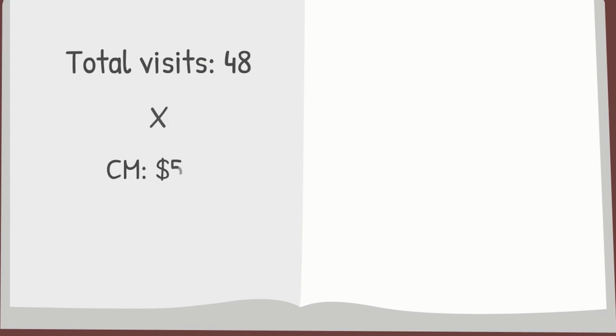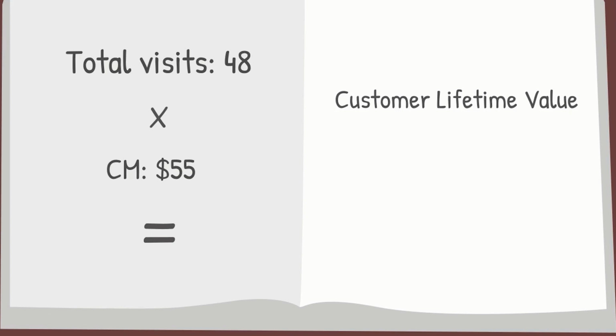Now we'll multiply the contribution margin by the projected lifetime purchases, and you'll have an estimate of the customer lifetime value. Of course, you can make this more accurate and more complicated by discounting future purchases by the time value of money, but let's use this simple formula as a rough estimate.